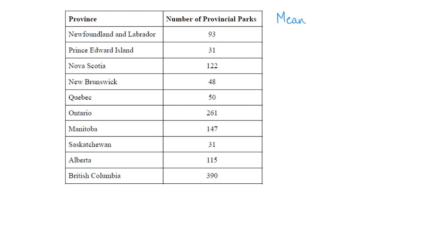For us to go through and determine our mean, really what we need to do is we need to add up all the data. So to find our mean, what we could say is we find a sum of the data. We are going to add up every single one of those values. So we are going to add up every single one of those total number of provincial parks in each province.